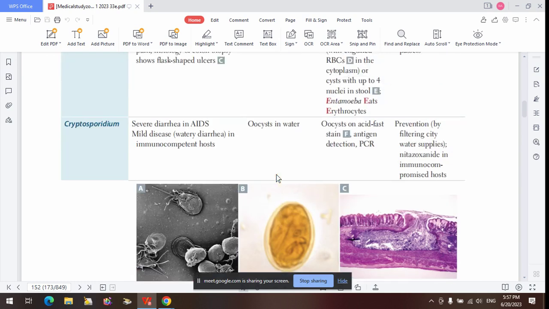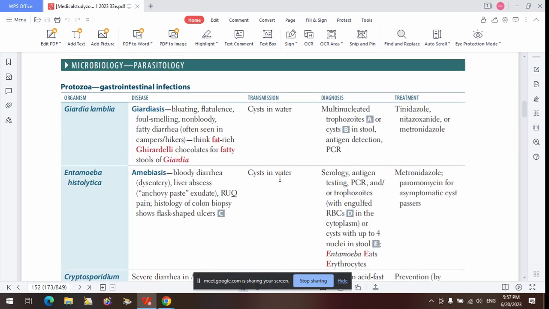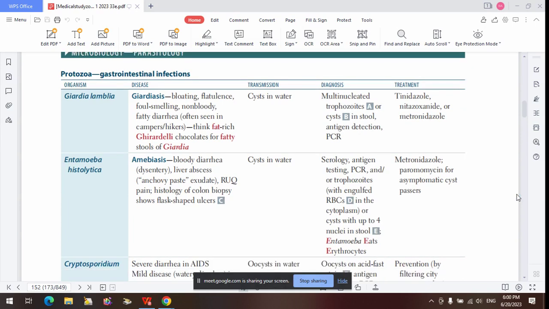Okay. So the mainstay of treatment now, let me pause here. Metronidazole is to kill the trophozoite so that you stop any invasive form of amoebiasis, the one that causes liver abscess and bloody diarrhea. While paromomycin is a drug that is not absorbed within the intestinal lumen.